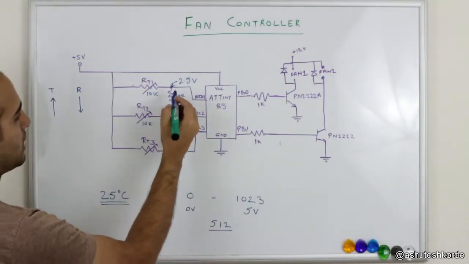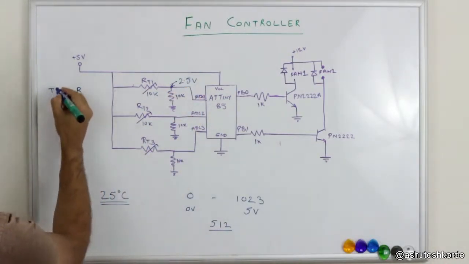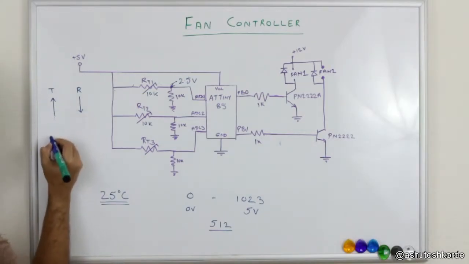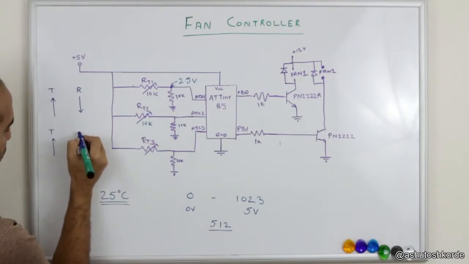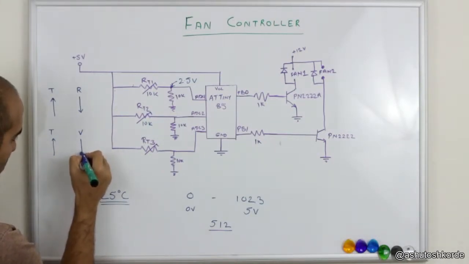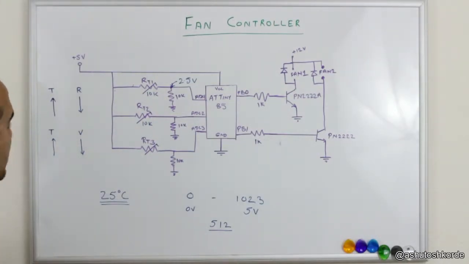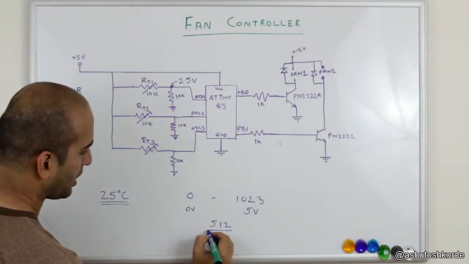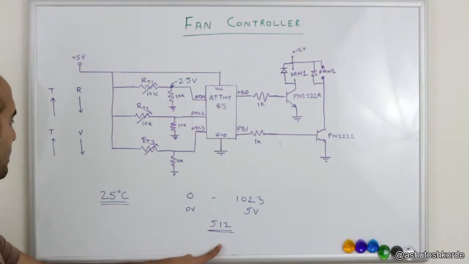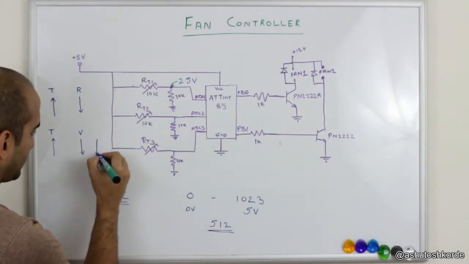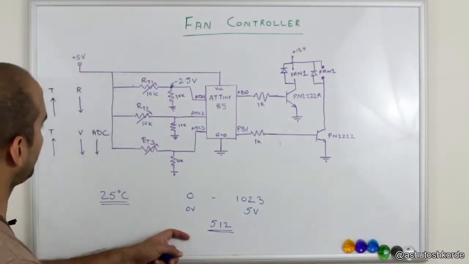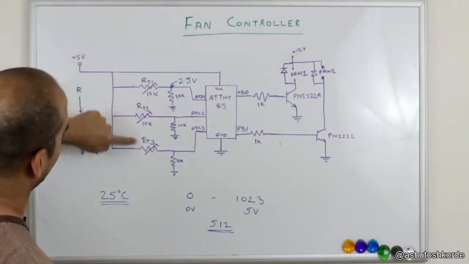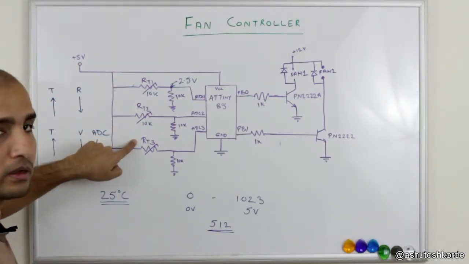And effectively what that means is, as temperature increases, our voltage drop here would also decrease. And effectively that means the raw ADC value that we read back will also decrease. And that would be the same for all the three thermistors.